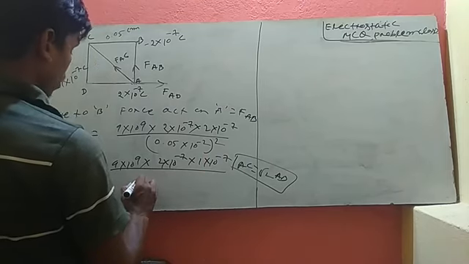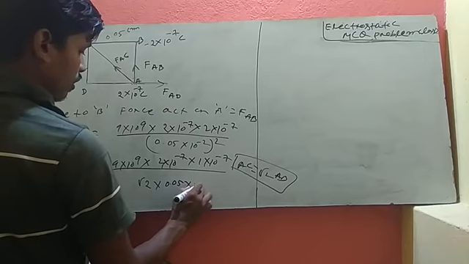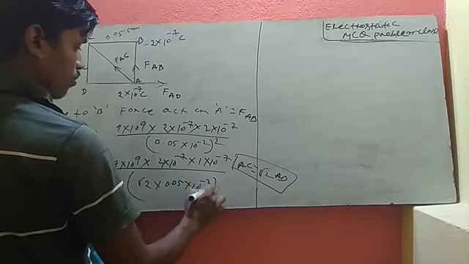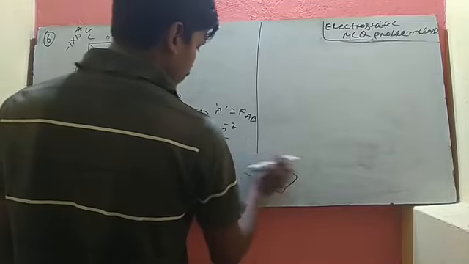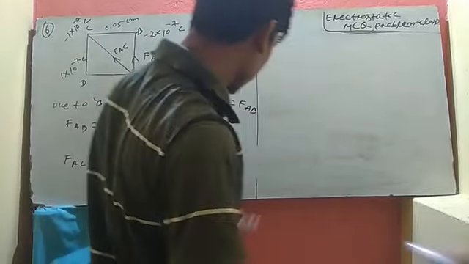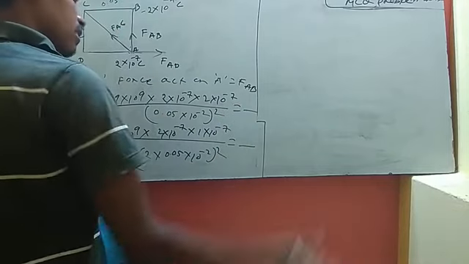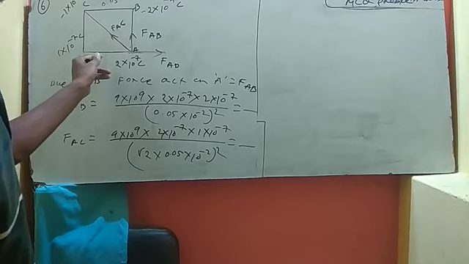AC is root 2 into 0.05, that is 5 into 10 to the minus 2, squared. So you can calculate it. FAB is calculated, FAC is calculated. Similarly, the remaining one is FAD.